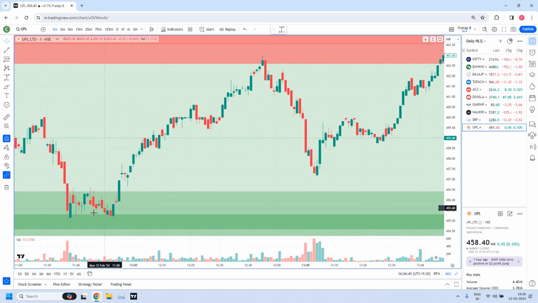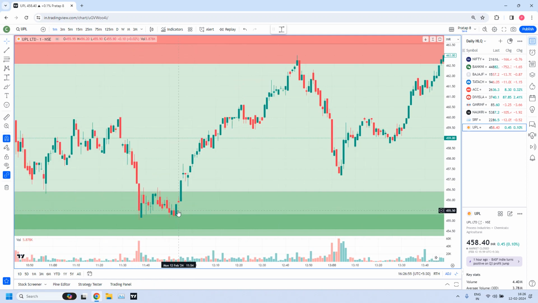See here, this is the area, this is the time, either 11:37, if not again between 11:50 and 11:52, we got a trading opportunity. See, after that, see how the prices moved up and finally reached the target at 12:45.